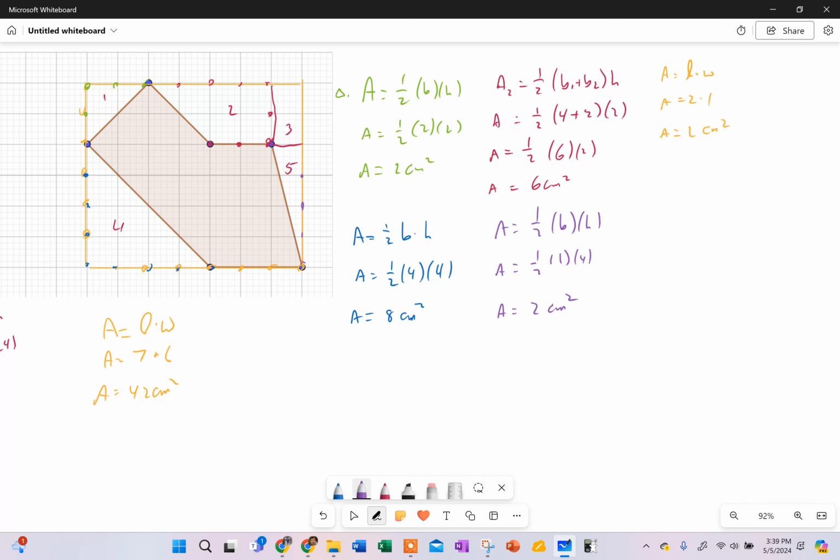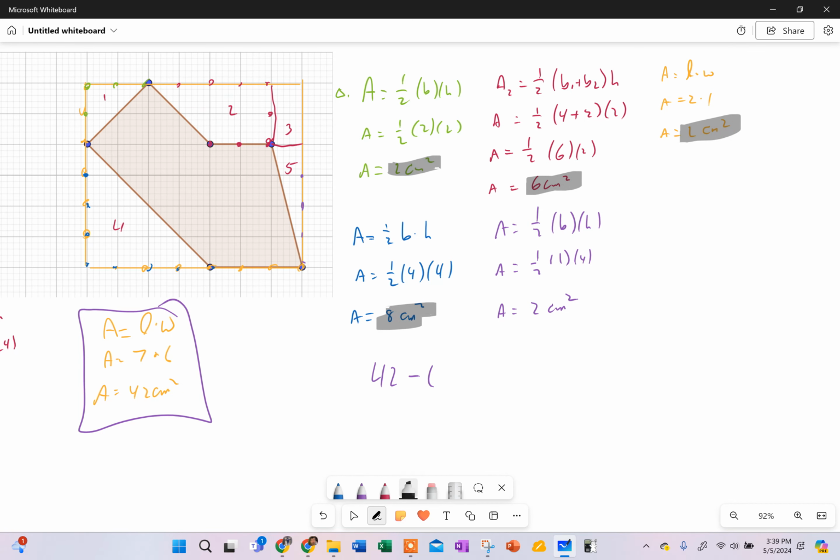Now, here's the big catch. I'm going to take the total area, which was 42, and I'm going to subtract all of these pieces. The 2, the 6, the other 2, this 8, and this 2.